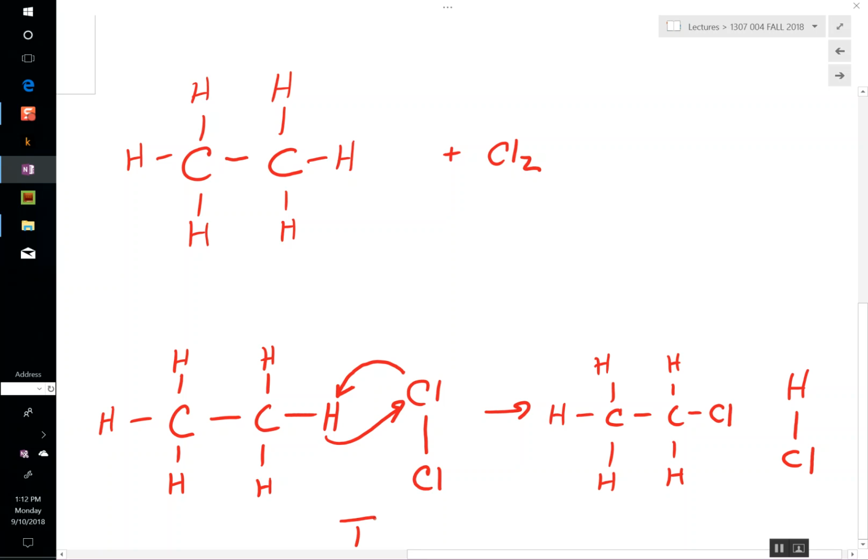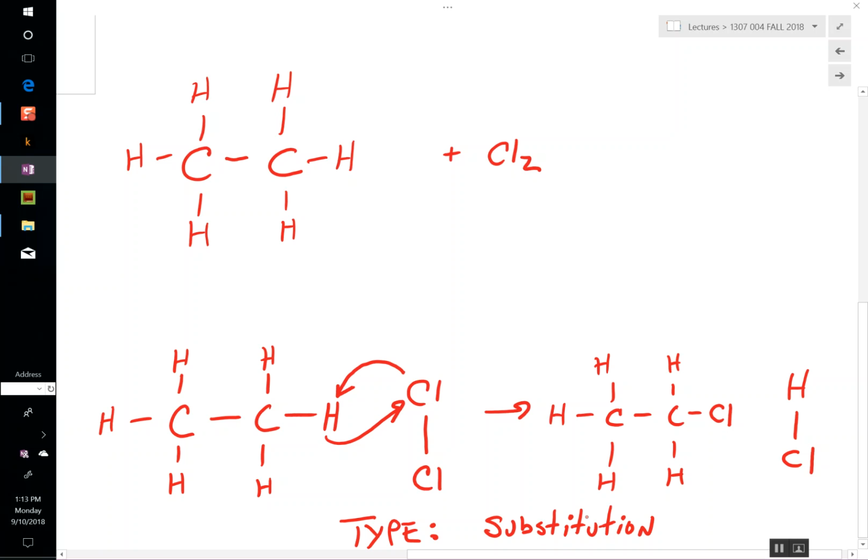So the type, not the name, but the type of reaction is substitution. Now, you haven't been introduced to any other types of reactions, but you will be in Chapter 11. We'll look at some other reactions, and I'll say this is a different type of reaction. It's not substitution.